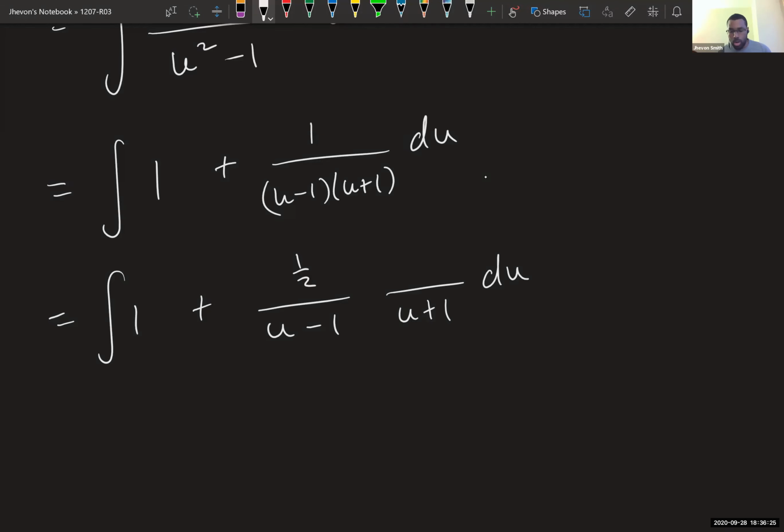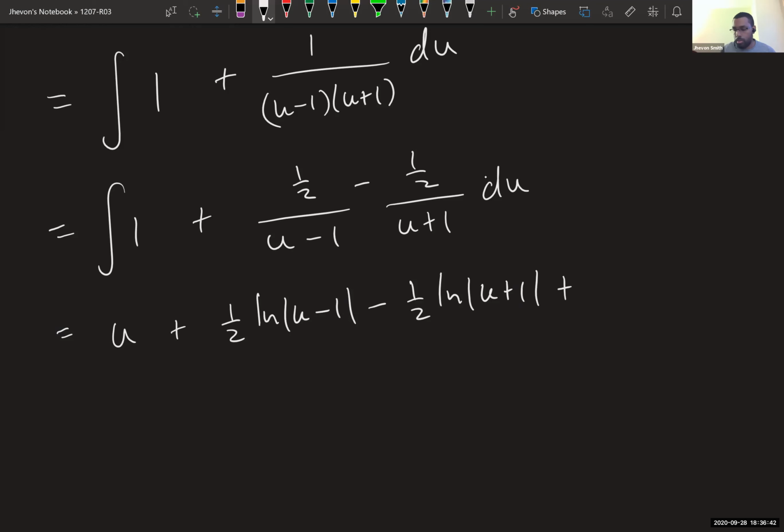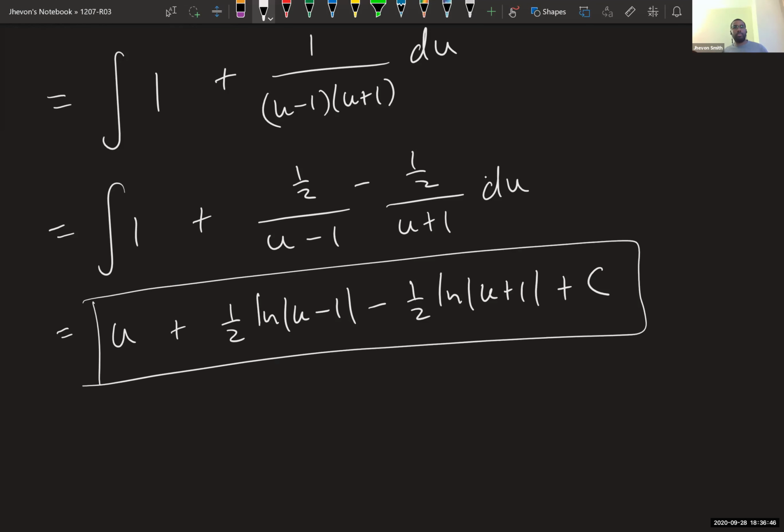Cover up the u plus 1, plug in minus 1, I would get minus a half. And I can immediately start integrating. So that's u plus a half ln of the absolute value of u minus 1, minus a half ln of u plus 1. And I think that's right.